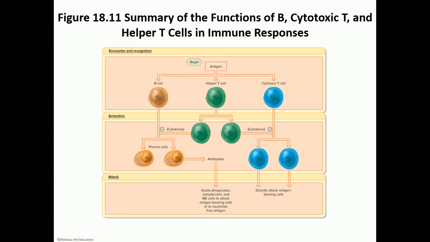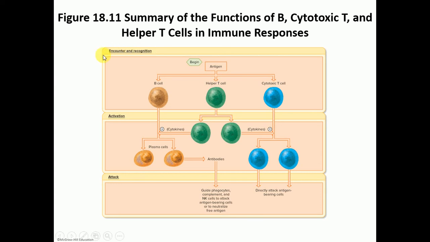What is going to happen is that the B cell, cytotoxic T cells, and the helper T cells have the ability to identify that there is an antigen. Okay, so they can encounter and recognize the presence of an antigen.